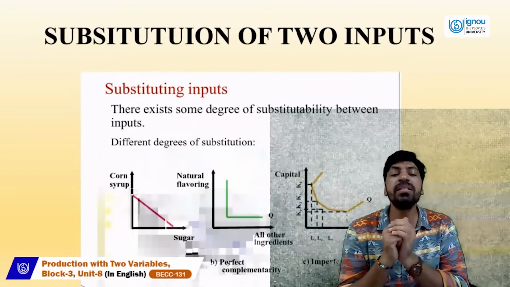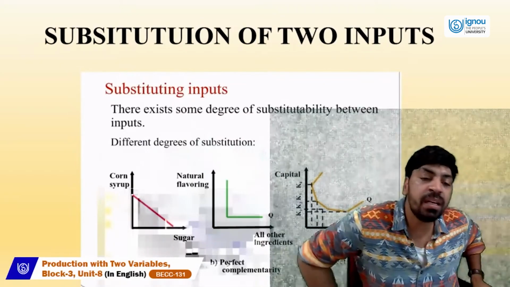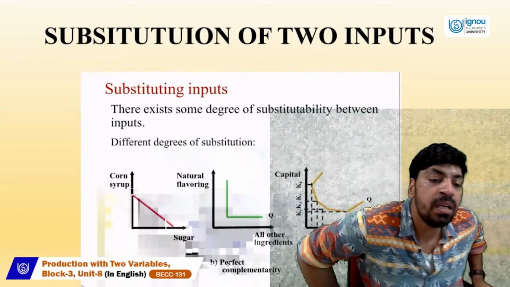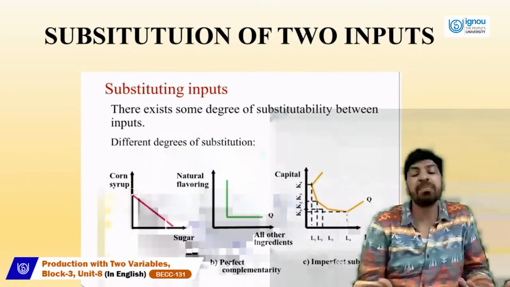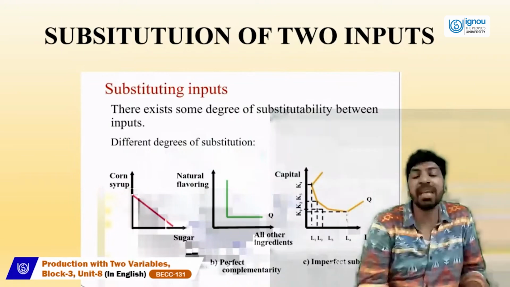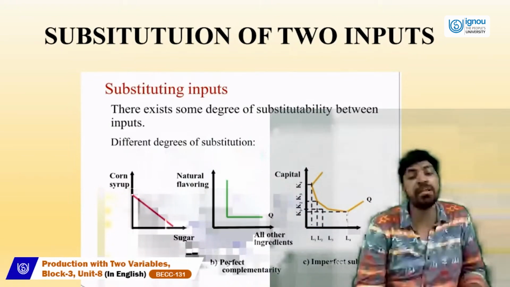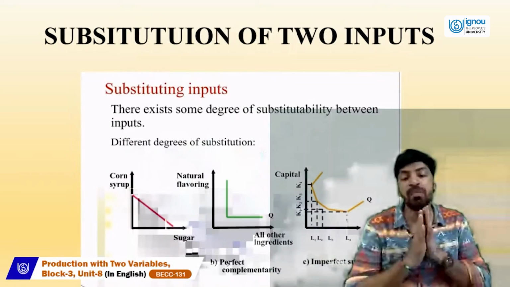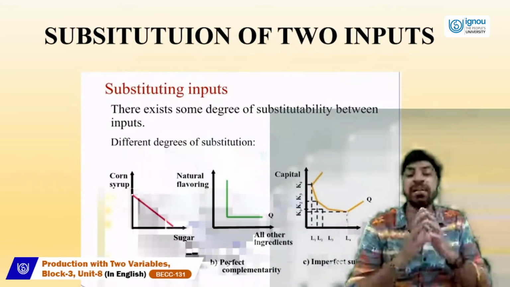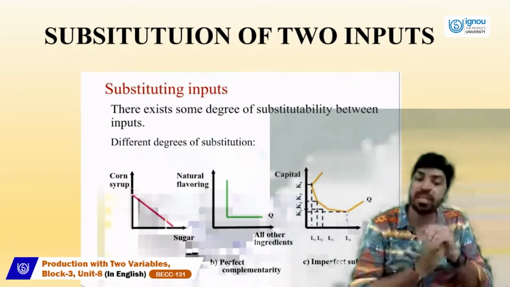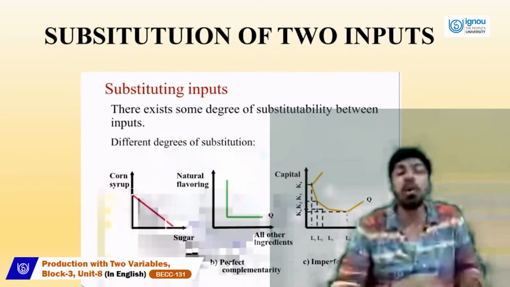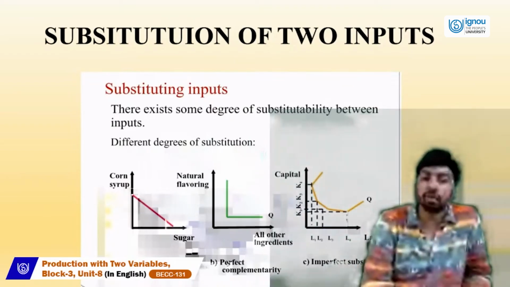The first one is perfect substitution, where you can see the dotted line where sugar and corn are perfect substitutes for each other, and the combination of inputs covers the total cost, which increases or decreases accordingly and influences both inputs.